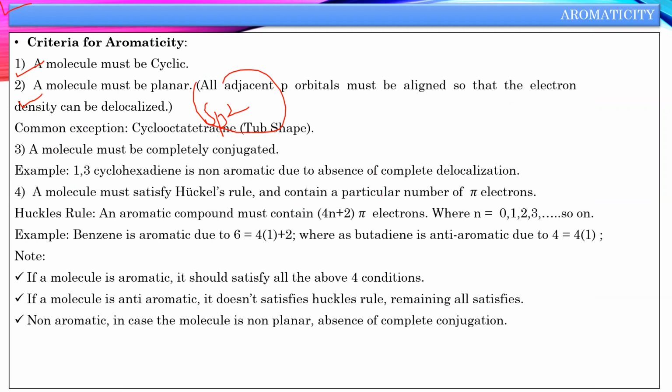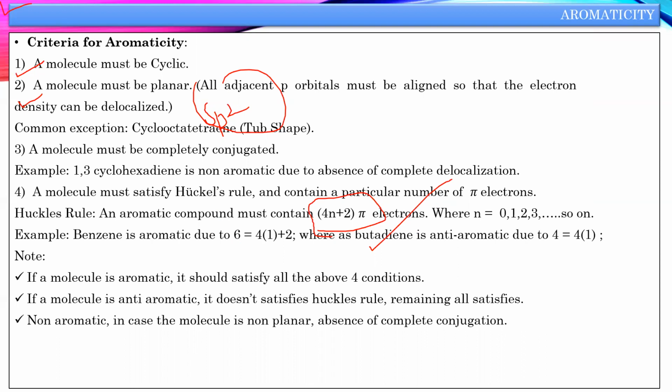And the fourth one is Huckel's rule, the 4n plus 2 pi electron rule. The number of electrons should be in the form of 4n plus 2, like 2, or 6, or 10, like that only.